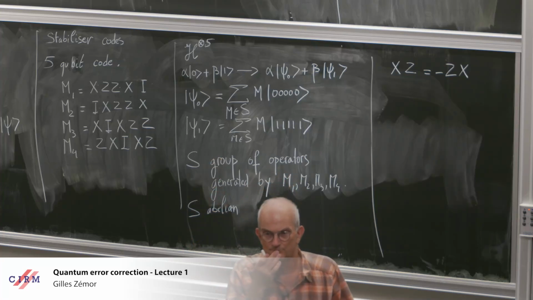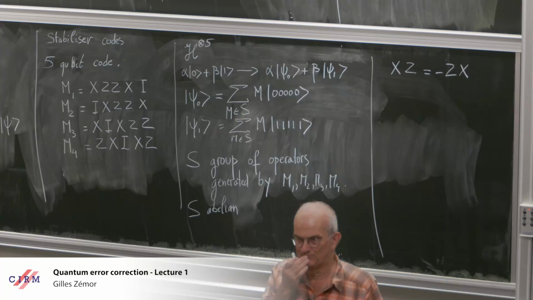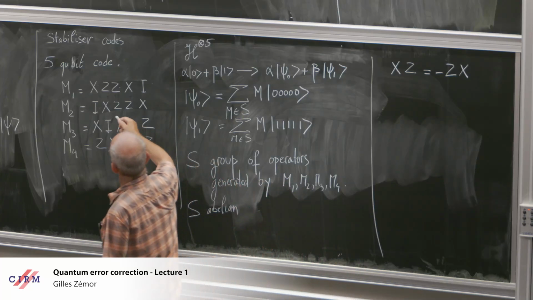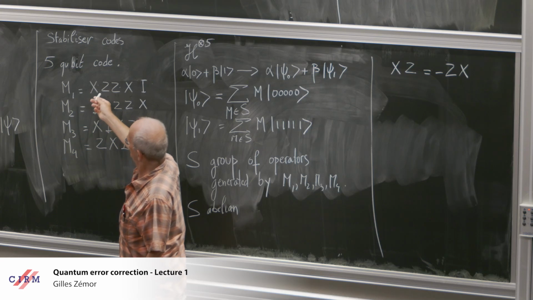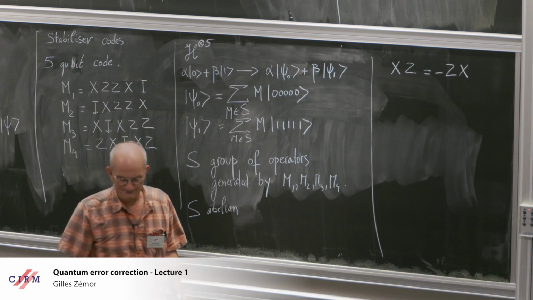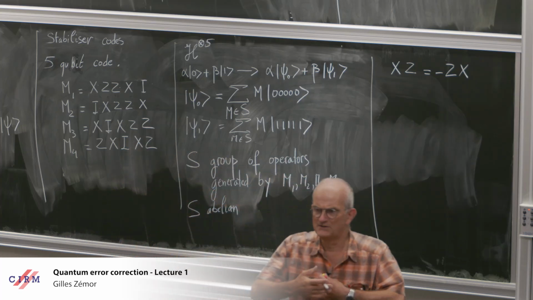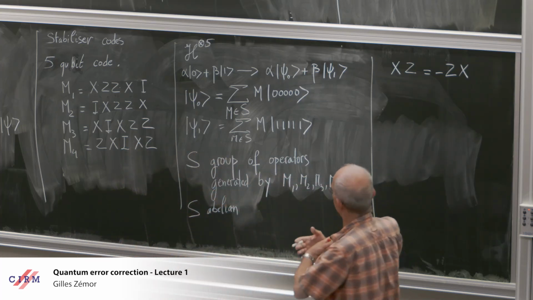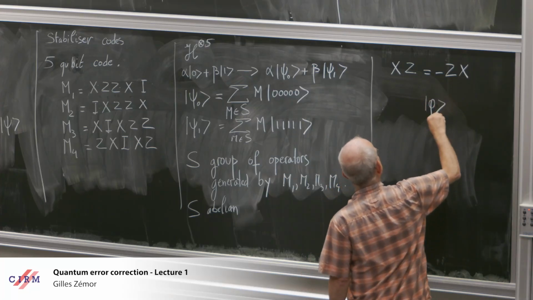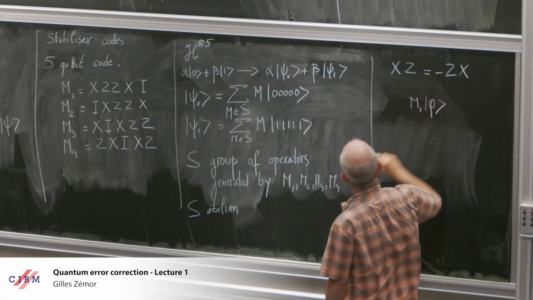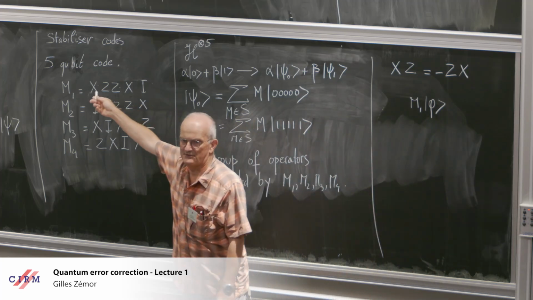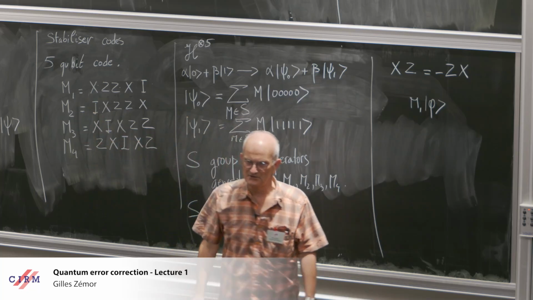Yes? I get confused by the notations. The N1 is a tensor product or a dot product? Yeah, this is a tensor product. No, commutation is for composition of operators. It means that if you start from some state phi and you apply the operator M1, it means you apply x to the first qubit, z to the second qubit, and so on.